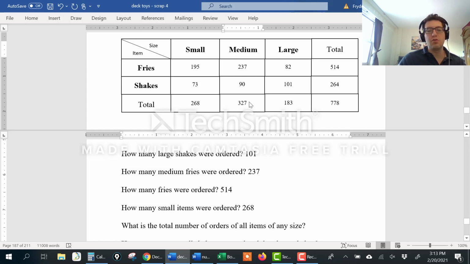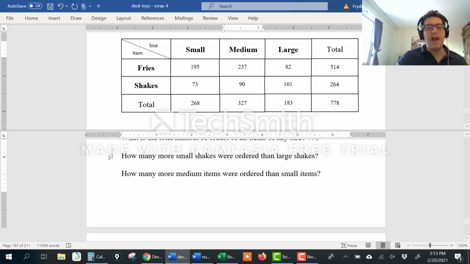If you add these three numbers together, you would also get 778. You're just organizing them by size, and over here you're organizing them by item, but you're talking about the same stuff, right? So the totals should come out to be the same. So the grand total, if you will, is 778.